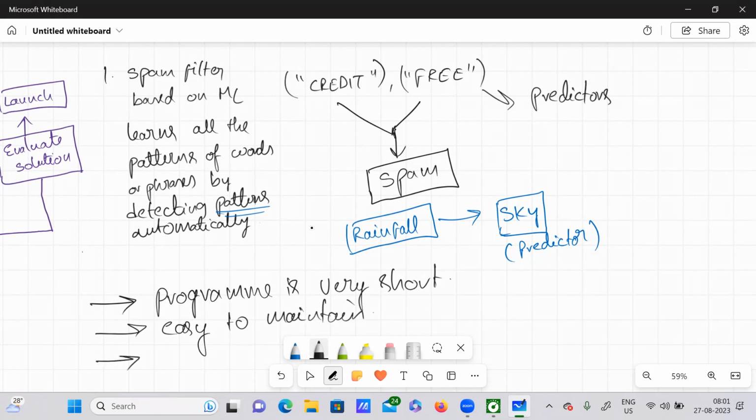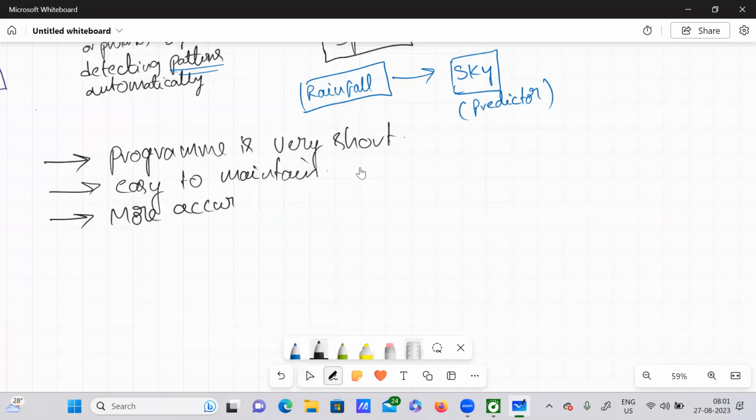And compared on accuracy, it is more accurate. So these are the advantages over writing an algorithm using conventional methods.